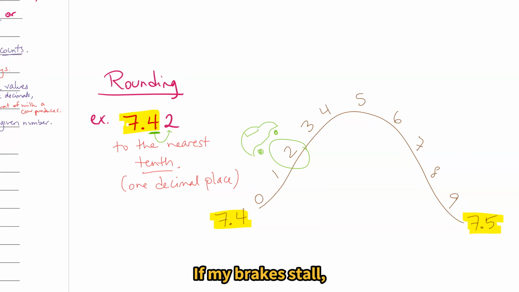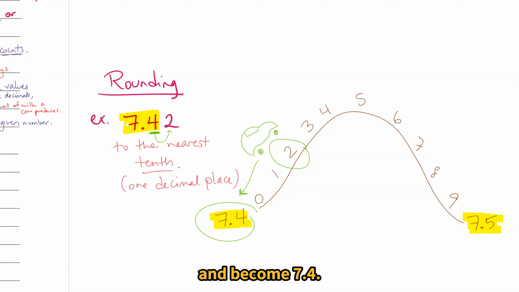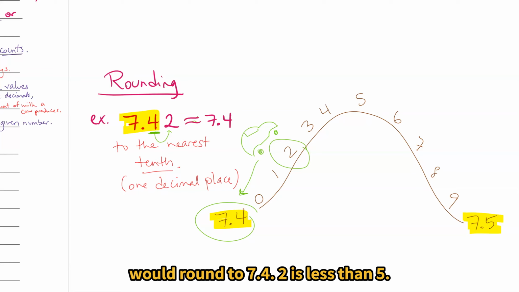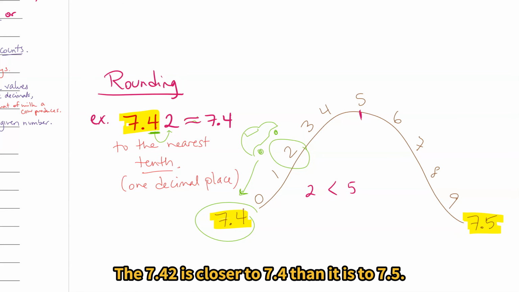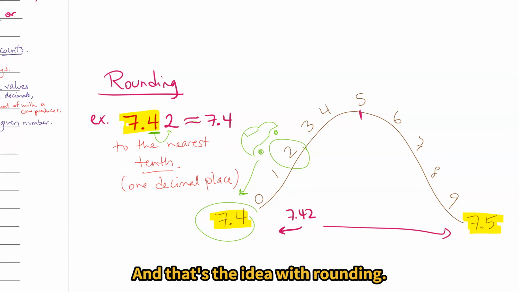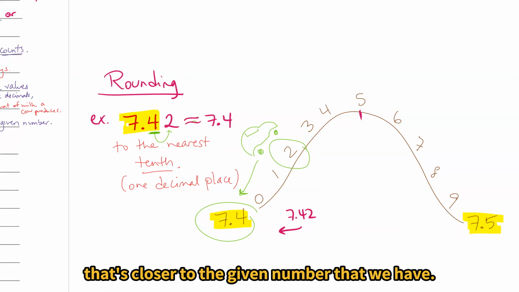If my brakes stall, the car is going to roll back down the hill and become 7.4. So for this number, 7.42, it would round to 7.4. 2 is less than 5. See, 5's in the middle. The 7.42 is closer to 7.4 than it is to 7.5. And that's the idea with rounding. We want to choose the number that's closer to the given number that we have.